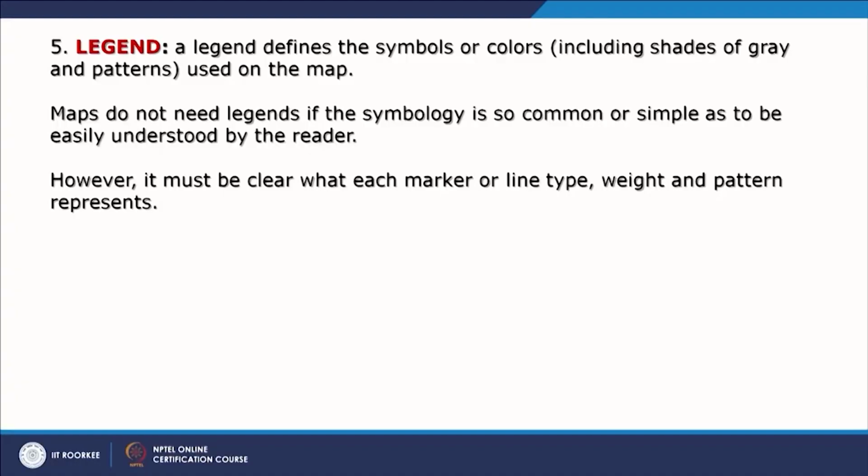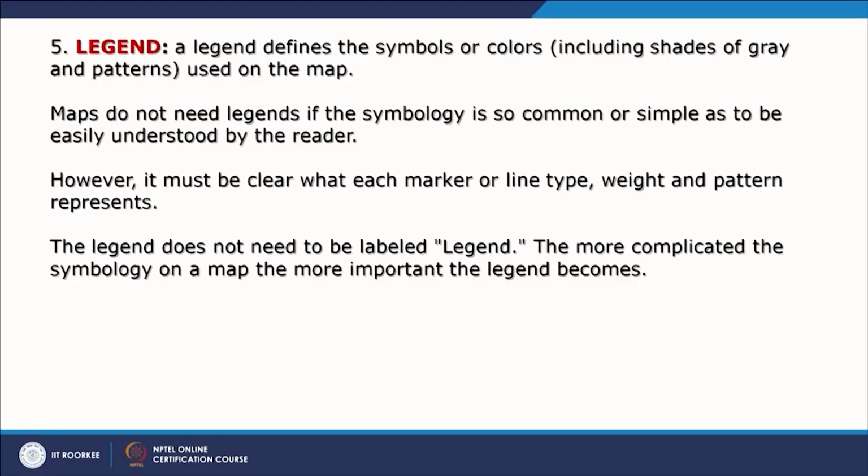Nonetheless, one should try to use symbols which are easily understandable to the users and should be logical as well. However, it must be clear what each marker or line type, weight and pattern represents, because somebody may be using different line types, a dash line, dash point, a thick line, a continuous line, and how thick or thin it is, and what the pattern is.